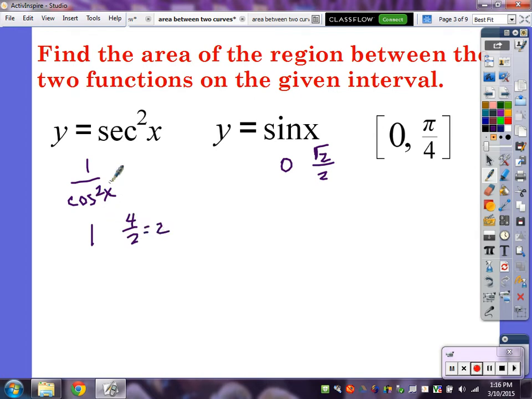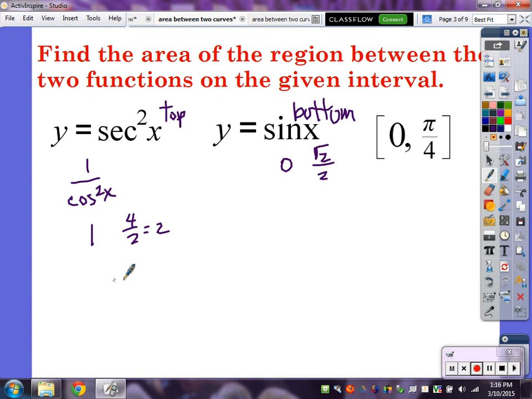So secant squared, going from 1 to 2, is going to be greater than sine of x on this particular interval. So that means secant squared x is my top function, and sine of x is my bottom.